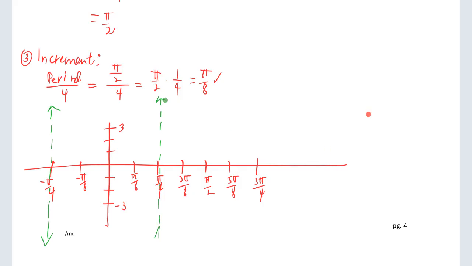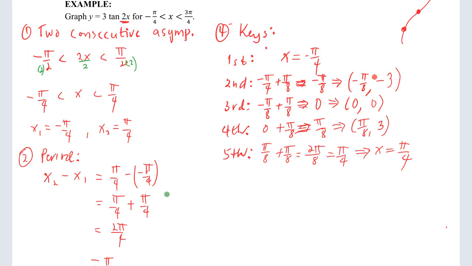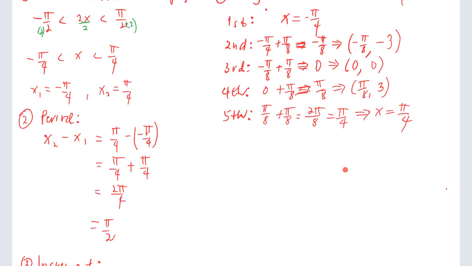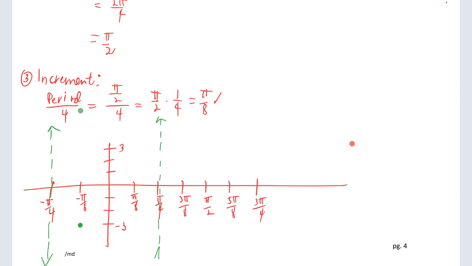And then plotting the points, the first point would be at negative pi over 8 and then negative 3. Next point is at 0, 0. And then the next point is at pi over 8 and then positive 3.